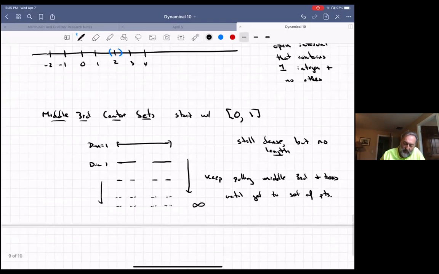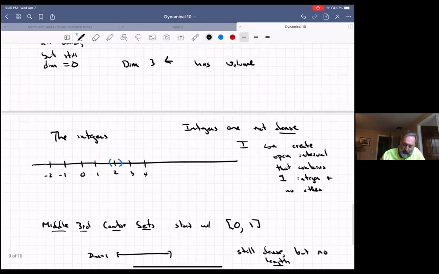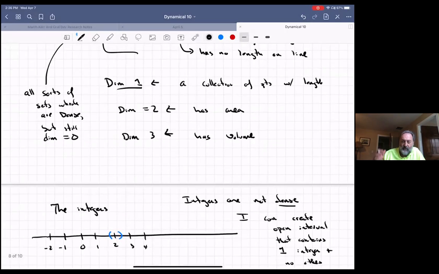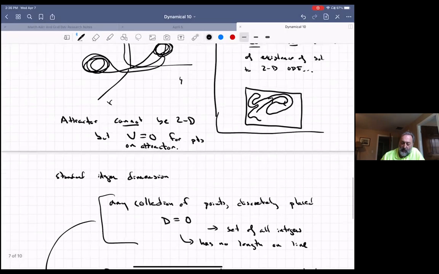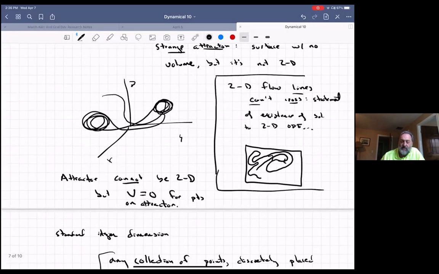So our standard definition of dimension in terms of length, area, and volume works for integer dimension concepts. But it doesn't work for all possible sets. So for instance, the strange attractor that we have has no volume.